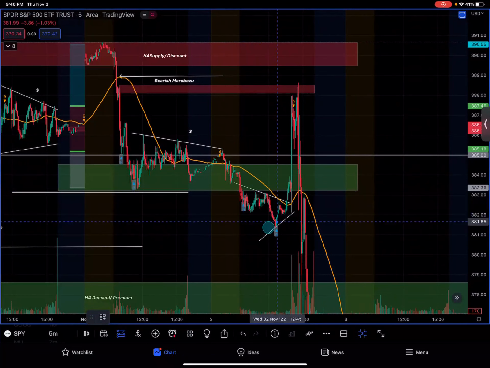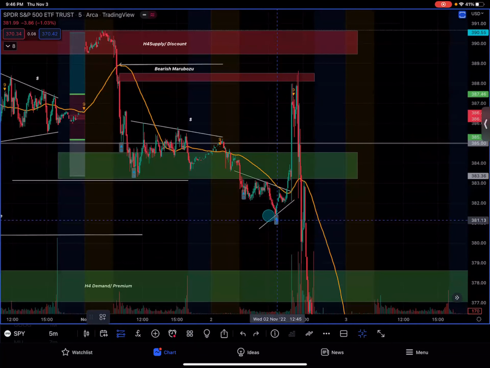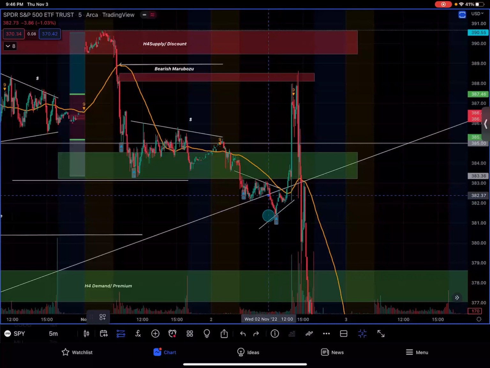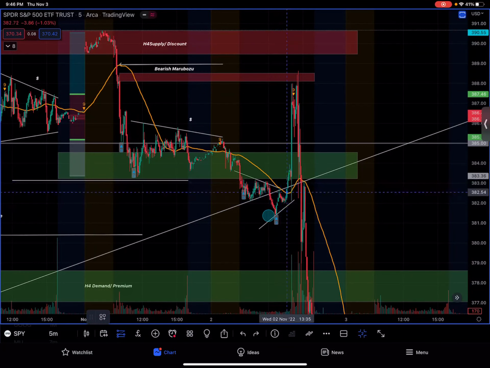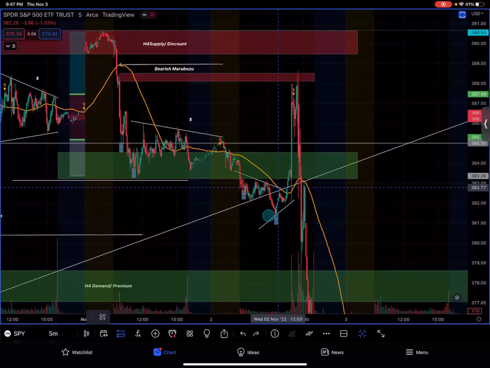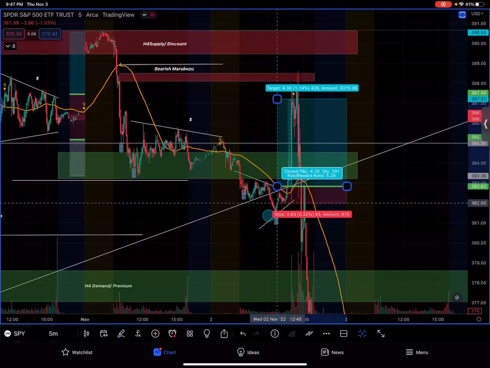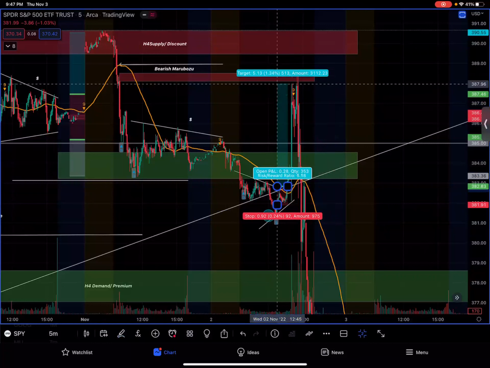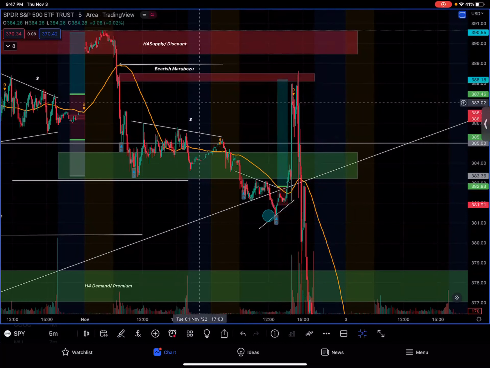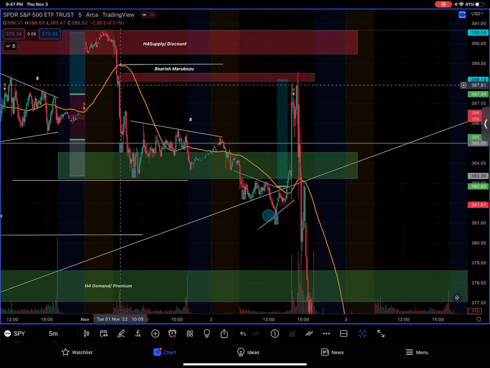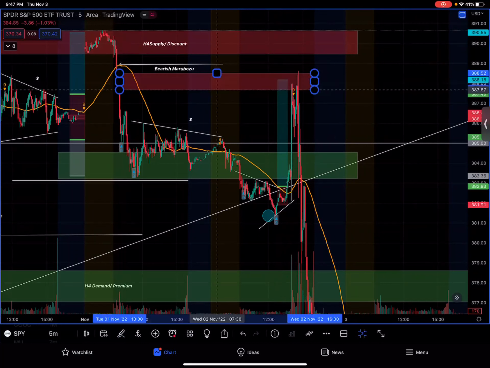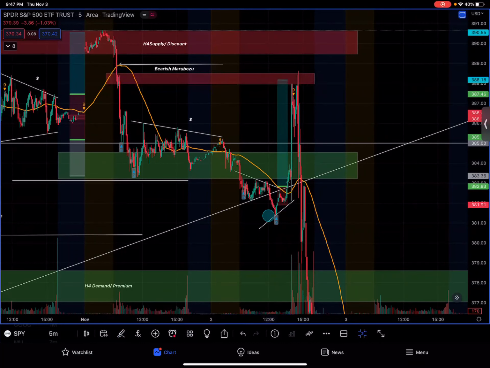Price came into demand, which was this support right here. We have our nice chart pattern. What is this called? A symmetrical triangle, if you will. Very high risk to reward, all the way up into supply that was left behind.